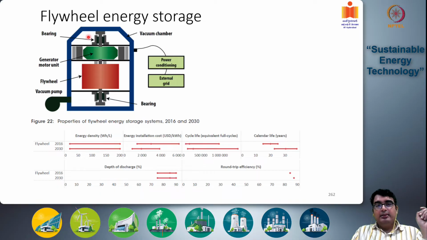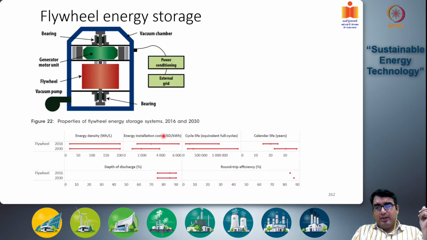The entire thing is in a vacuum chamber, and these bearings are specialized to reduce friction, as we have discussed before. The energy densities for a flywheel can range from 20 watt-hour per liter to 200 watt-hour per liter. So very large variation, and this is going to remain depending on the design criteria.